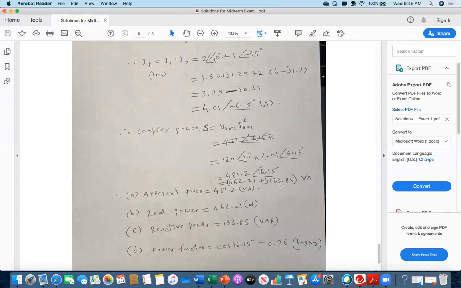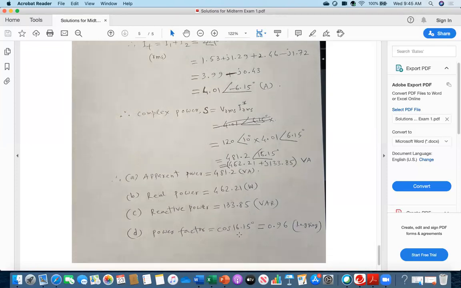And then this is the reactive power, 133.85. And then the power factor is just the cosine of that angle, 0.96. And again, it is lagging because of the plus sign here with the complex power. That indicates this is the inductive effect, which provides a lagging power factor. If it were a minus sign here, then I would write leading.